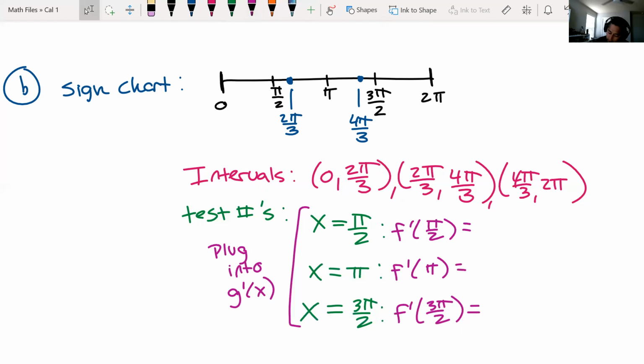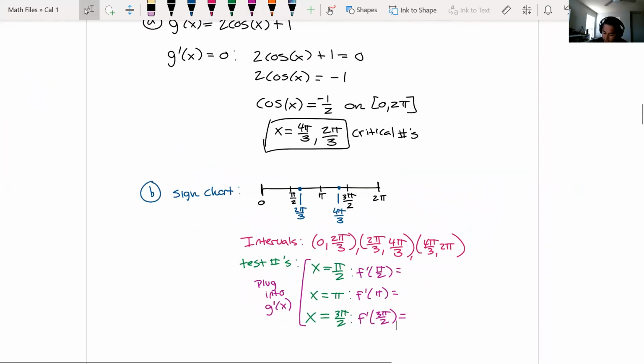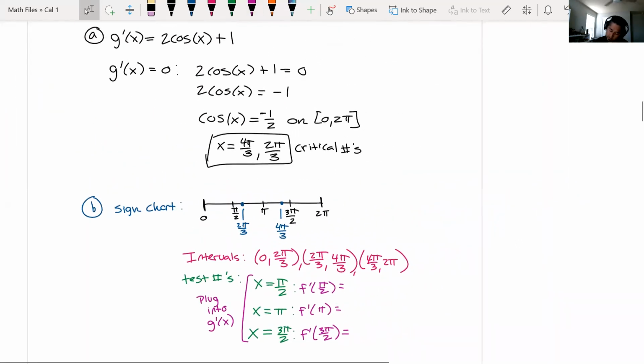If you plug those into the derivative, well, first off, cosine at pi over 2 is 0. So this means you'll just get 1. And then cosine at pi is -1. So you'll get -2 plus 1, which gives me -1. And then cosine at 3 pi over 2 again happens to be 0. So you'll end up with 1 again.